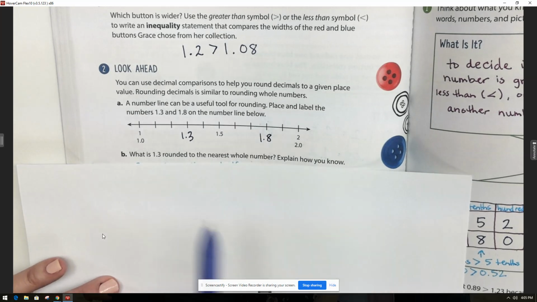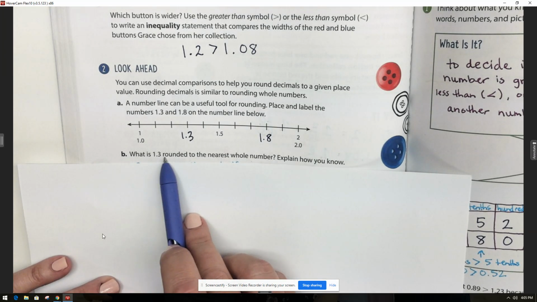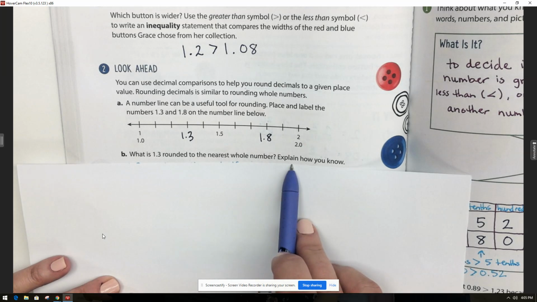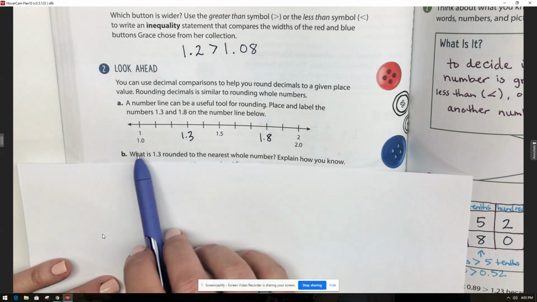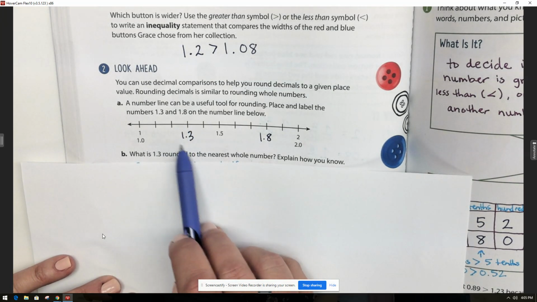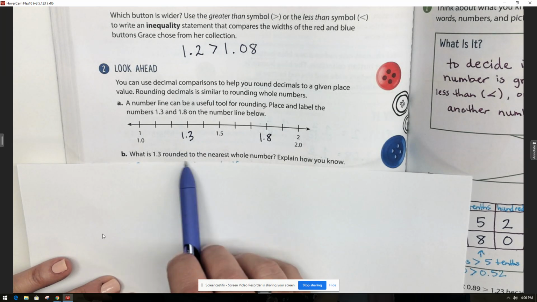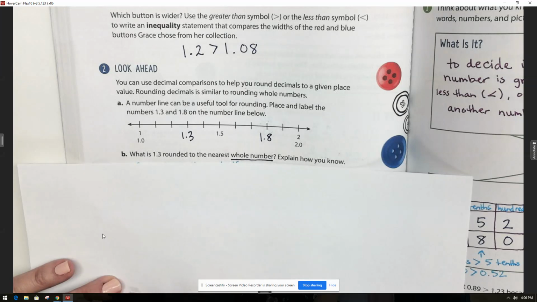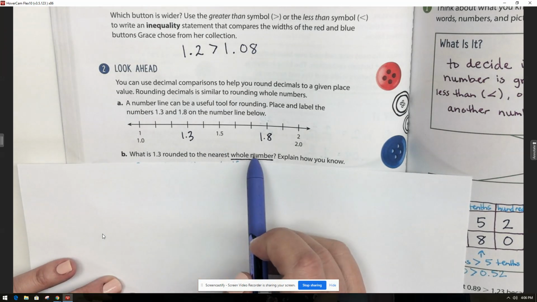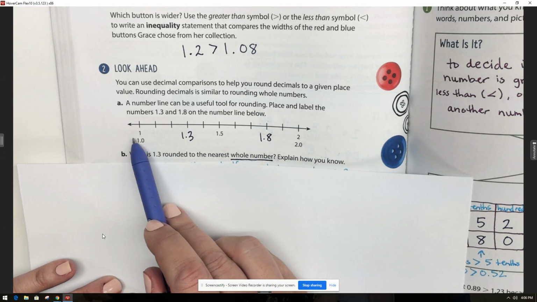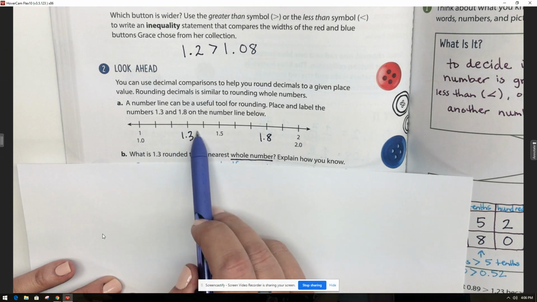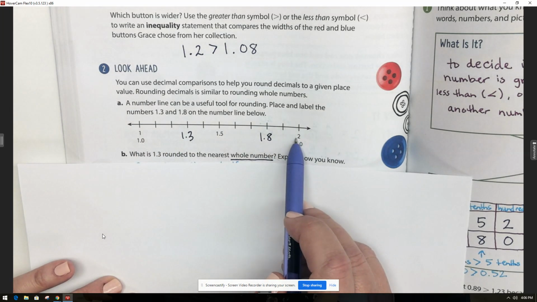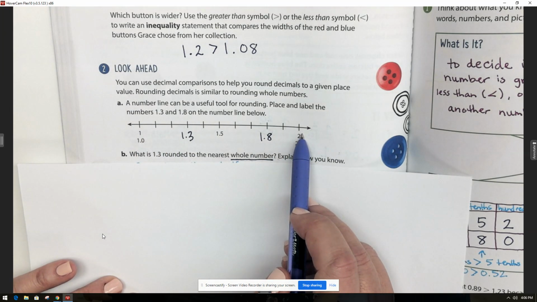Now, question B says, what is 1 and 3/10 rounded to the nearest whole number? Explain how you know. So we need to take this 1 and 3/10. Now we want to round it to the nearest whole number. That's the key. So if we're rounding it to the nearest whole number, we want to see, is 1 and 3/10 closer to 1 whole, or is it closer to 2 wholes?